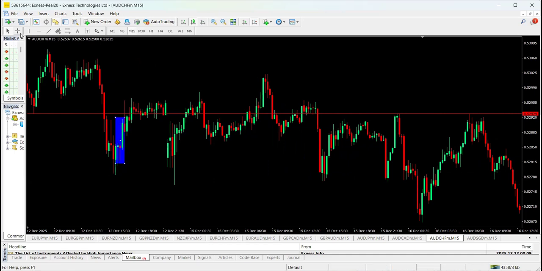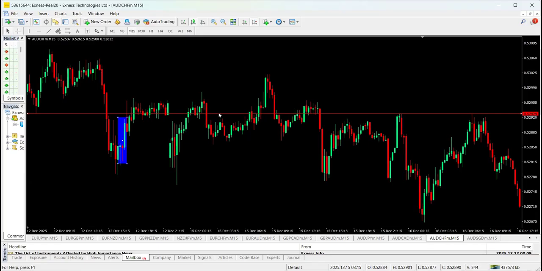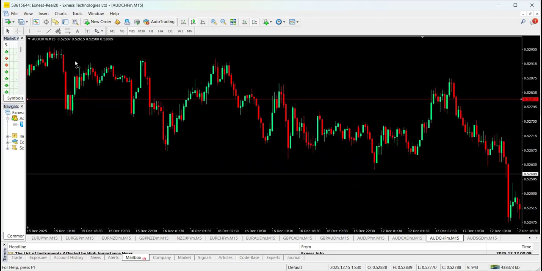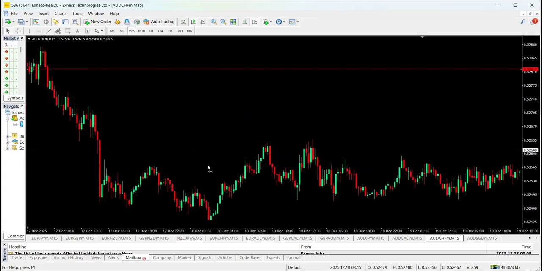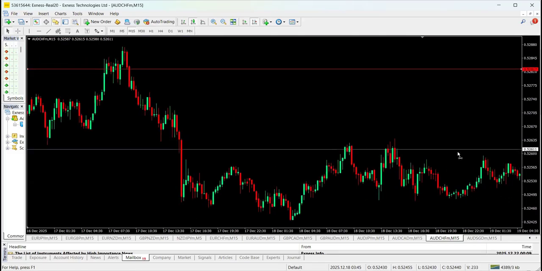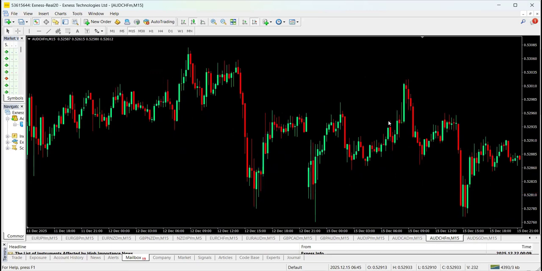Therefore, for sellers to come and break this, it means that they have more power. Okay, and so when this got broken, you see what happened at this level, and see how the price started moving down this much. Okay, so that's basically the idea behind this.